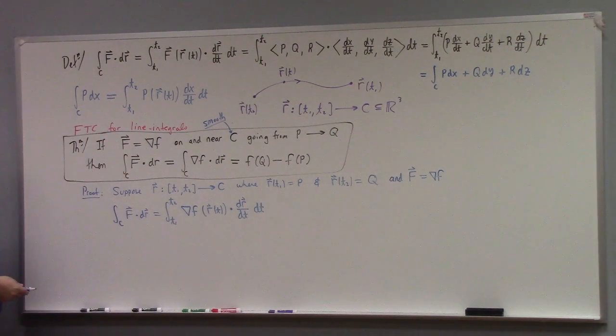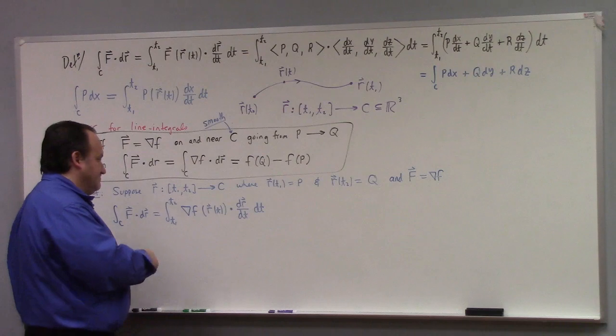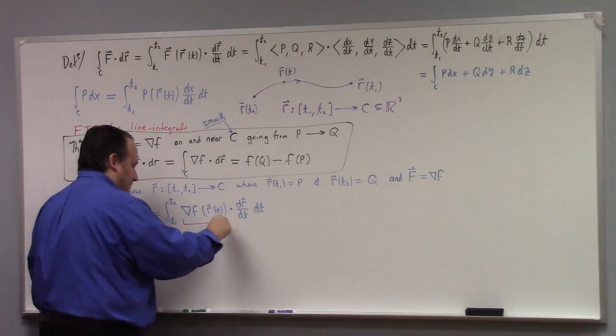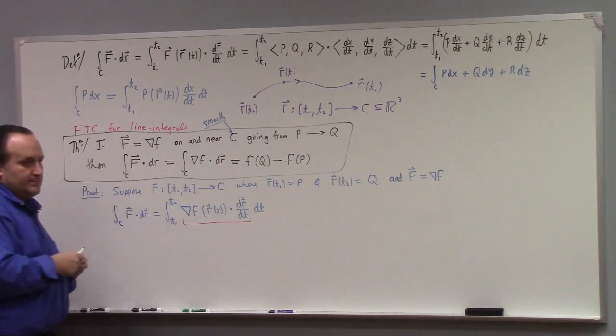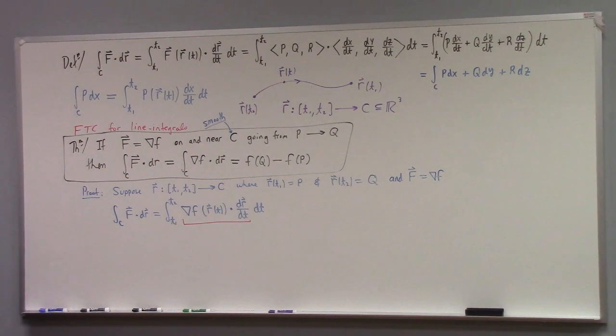What is that? Can you recognize what we're looking at? What's this? We had the same calculus being central, for example, to the method of Lagrange multipliers, right? Remember this step?